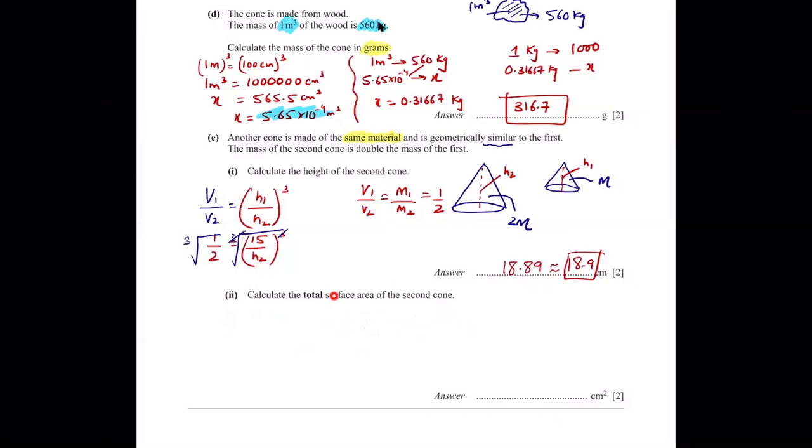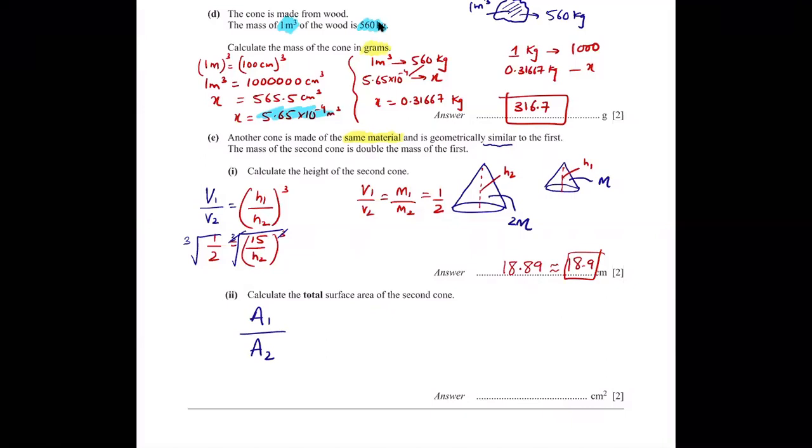This part is related to part E, where the question has just mentioned that the two cones are similar. So can you use the knowledge of similar figures, areas of similar figures, to find the surface area of the second cone? Nawal, what is going to be the ratio of the area of the two similar figures? What is it equal to?